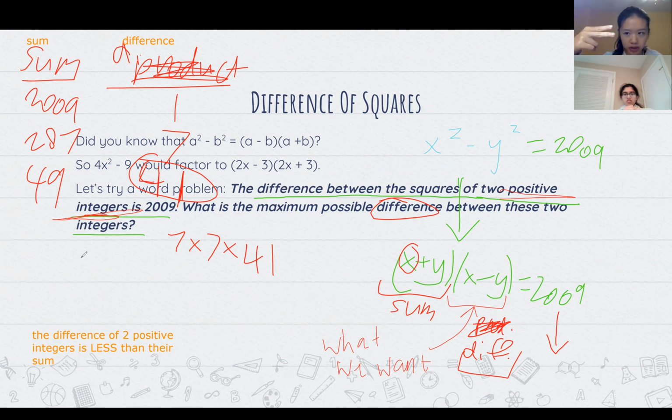It's not divisible by 3 because the digits don't add up to a multiple of 3. And it's not divisible by 5 because it doesn't end in 0 or 5. Then you could divide 2009 by 7 by hand and figure out that it's divisible by 7. And then you would realize it was divisible by 7 again.